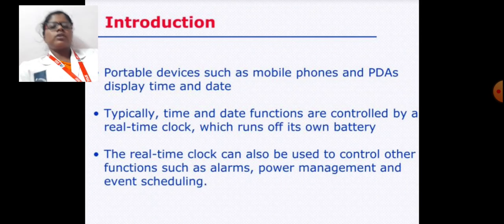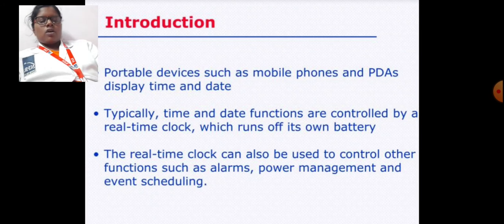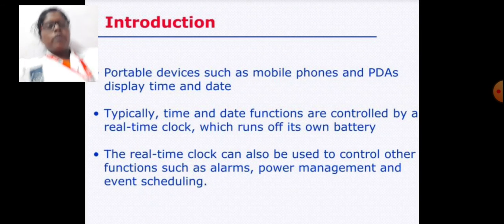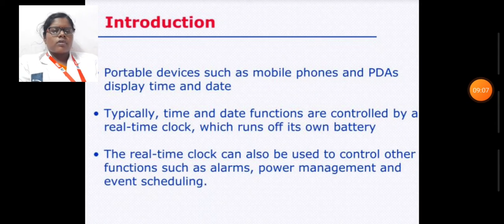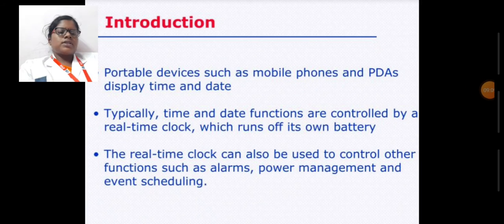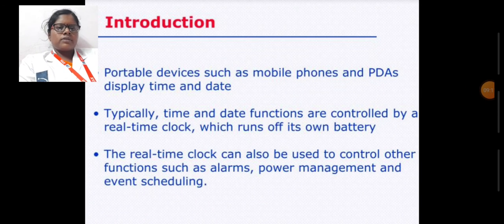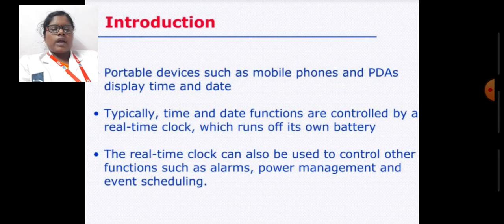Introduction to this RTC. Portable devices such as mobile phones and PDAs display time and date. Typically, time and date functions are controlled by a real-time clock which runs off its own battery.